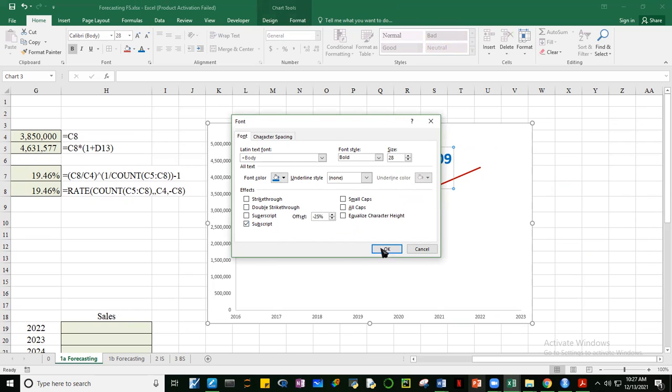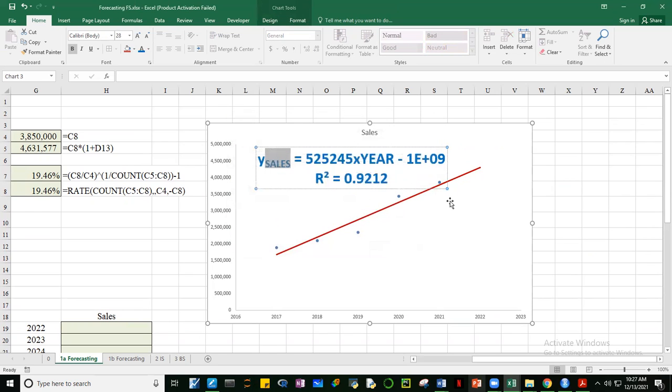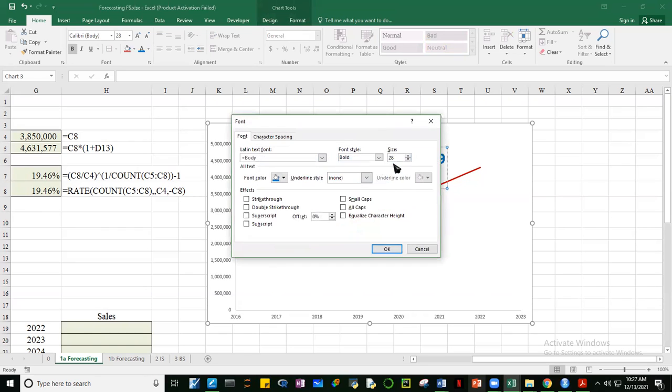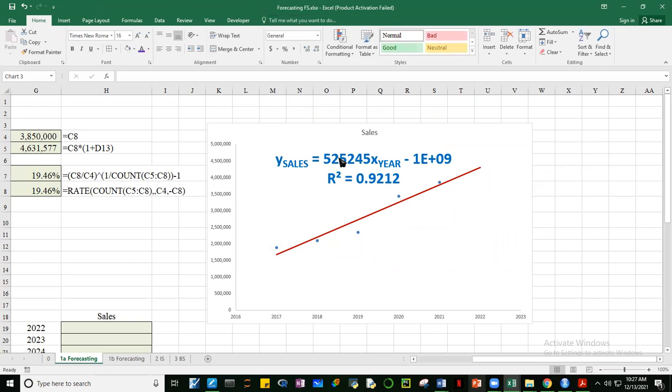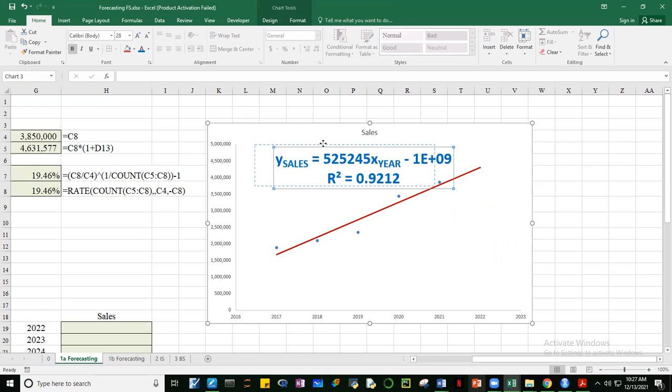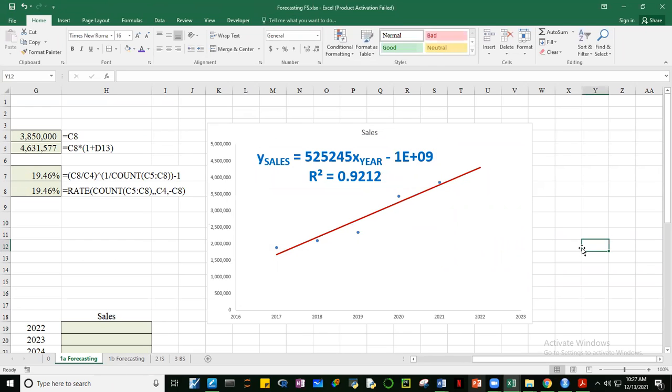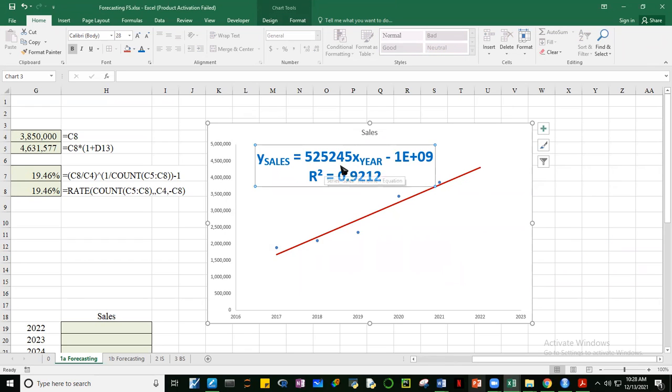I-subscript ko lang to para mas maliit. Okay. And then here natin, control 1, subscript. Okay, there. Right, so this is our equation. This is what we call our linear model, linear regression model. This one, guys, 525, 425. Okay, this is your slope.